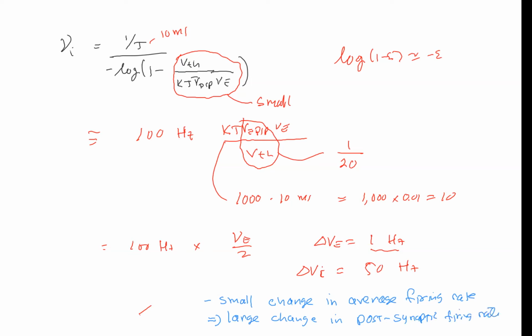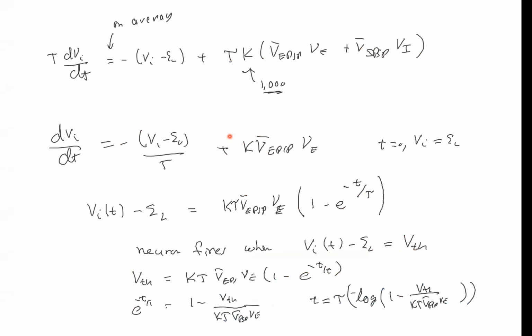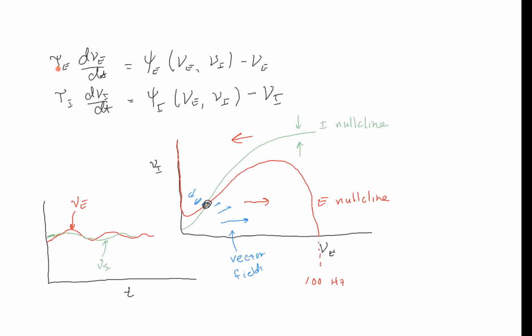Okay, and it really has to do with the fact that the K is large. So with a lot of presynaptic neurons, a 1 hertz change in firing rate has a big effect on the synaptic drive. It has a big effect on this term here, and a big effect on the postsynaptic neuron. So this picture of these nullclines, where this is really this unstable branch, is pretty accurate in large networks of neurons.